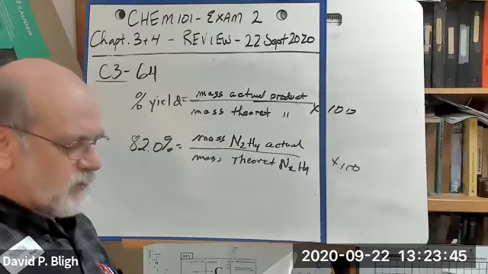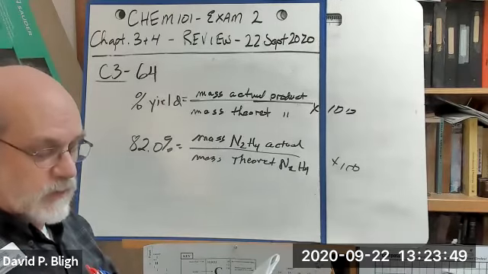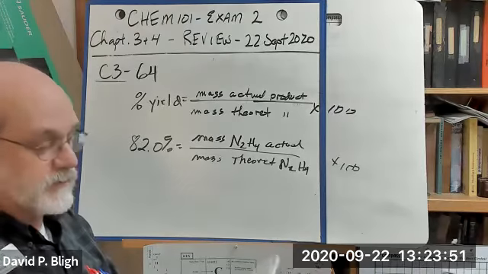What's the actual mass of hydrazine produced when 25.57 grams of, oh, this is going to take a while.